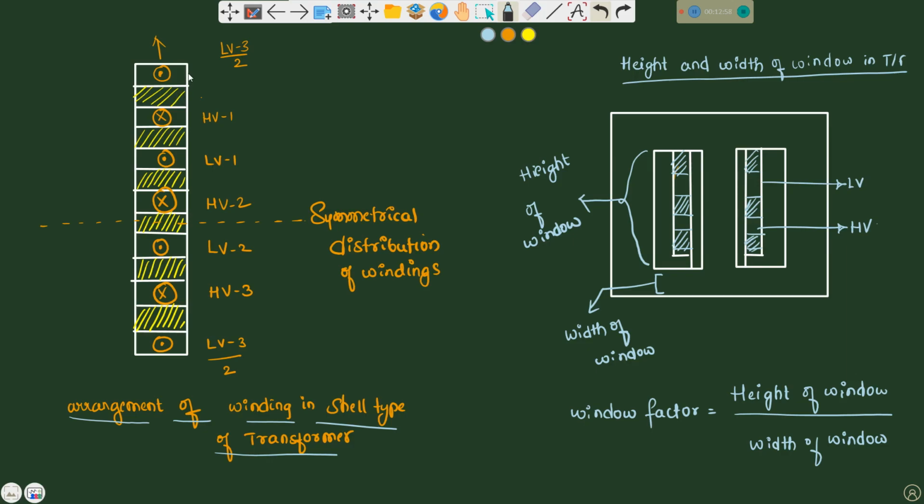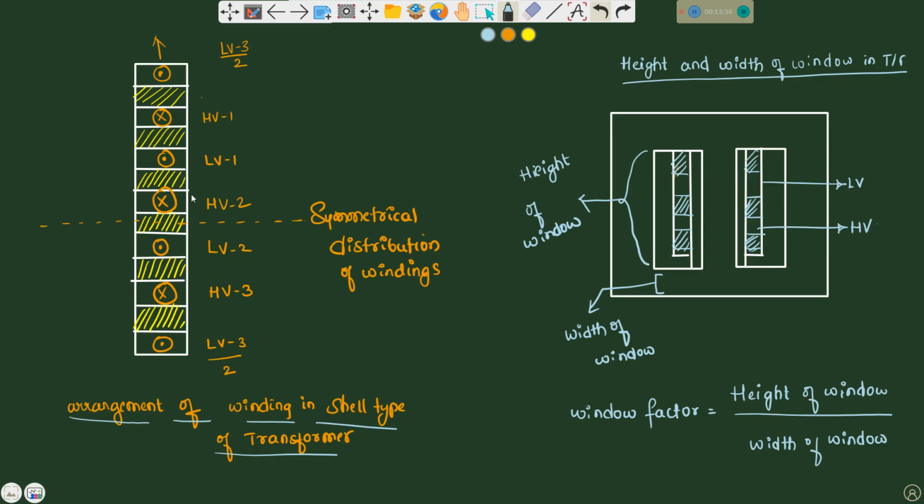Likewise here, between the windings there will be a layer of insulation between LV and HV. It is called sandwiched. In a shell type core, each winding is divided into certain sections and alternately placed. Here you can see LV, HV, LV, HV, LV, HV on the middle limb. This process is called sandwiching.